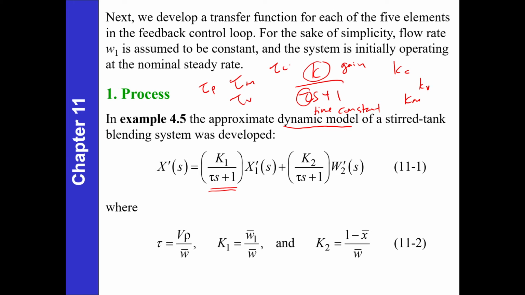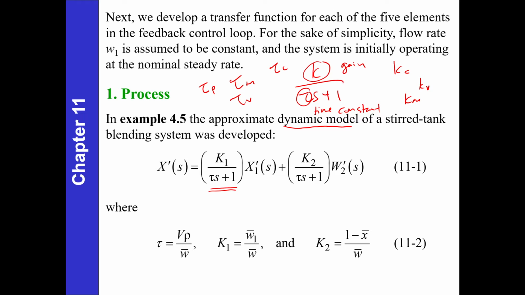We don't have tau C. Tau C might be there, but it has a different meaning, which we cover in chapter 12. So we have this transfer function, and we have all the definitions.